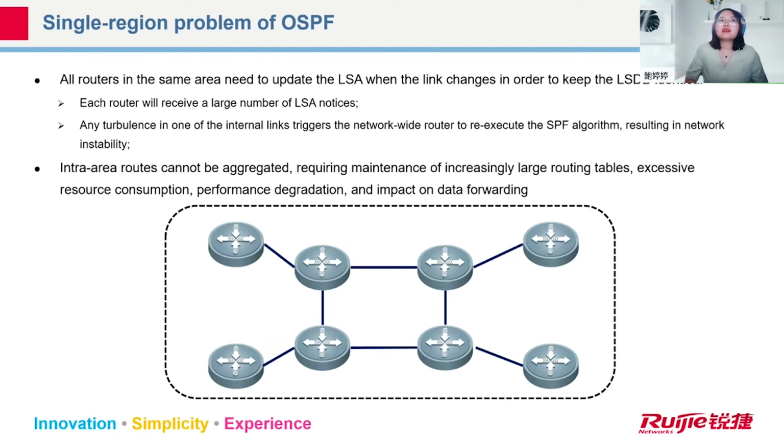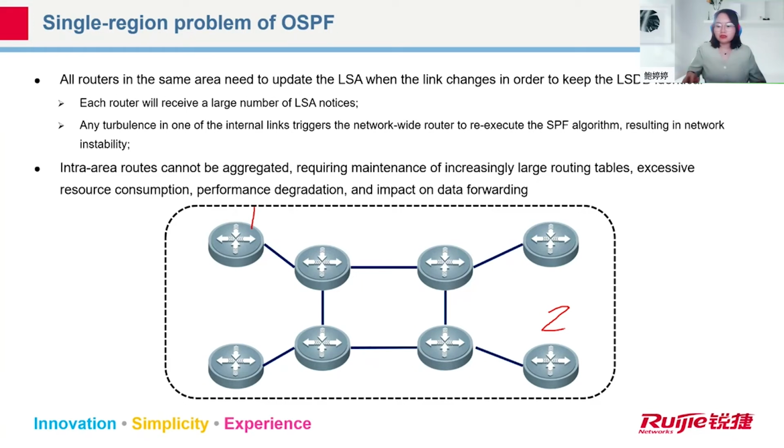And another one is the single region problem. If all the routers are in the same area, the LSDB should be the same. That means if Router 1 has 100 LSAs, Router 2 also needs to have 100 LSAs, but maybe in your network the performance is different, right?